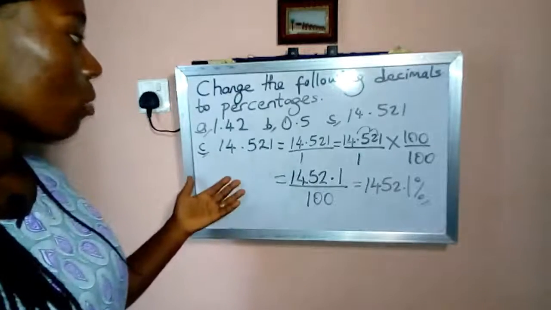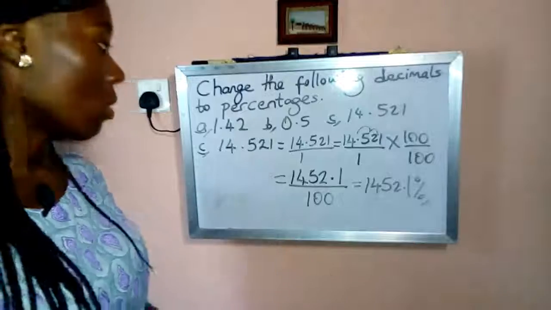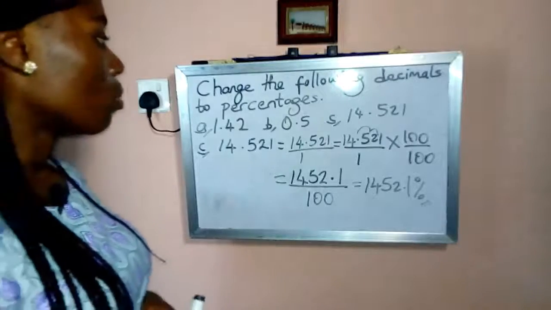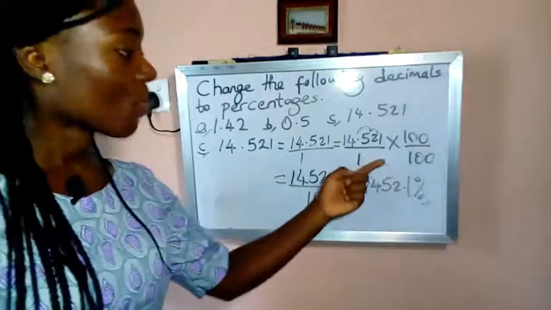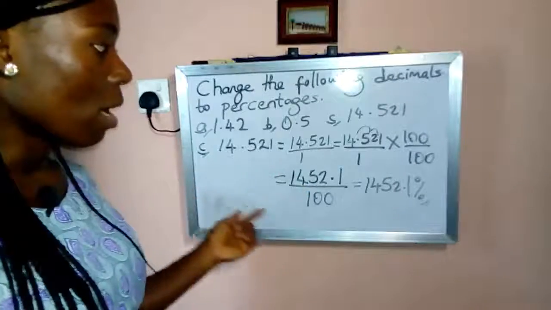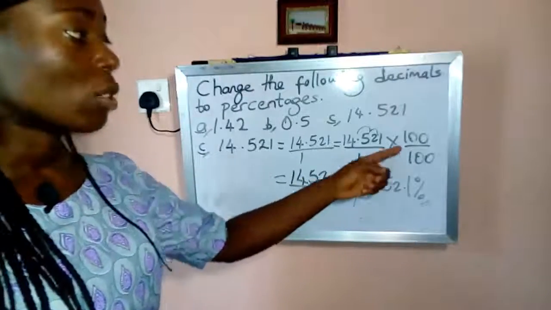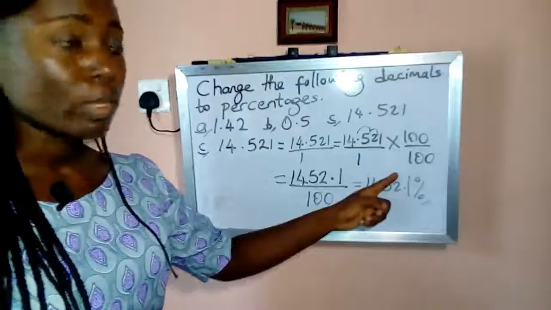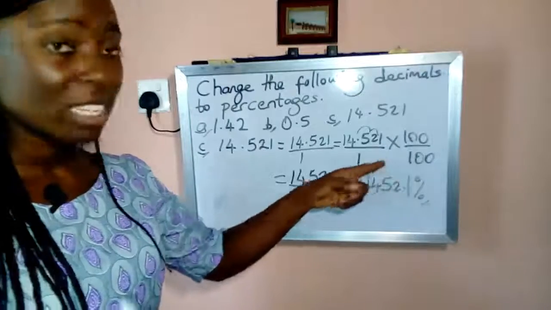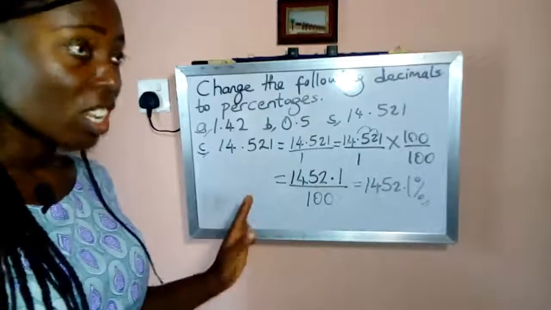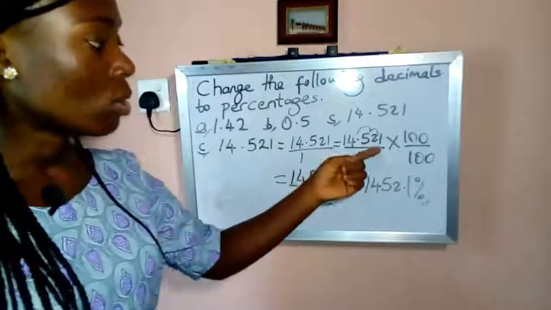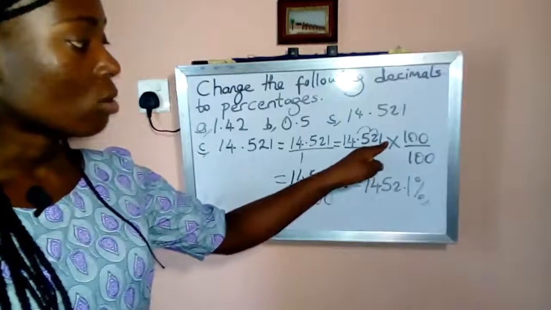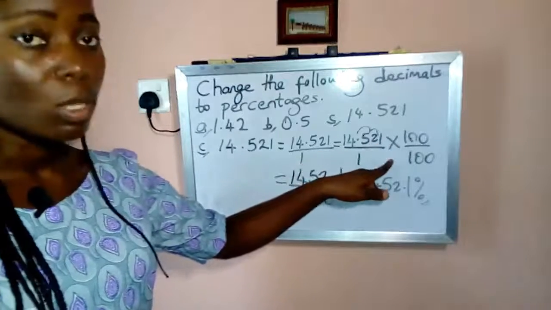When you are changing from decimals to percentages, we just use a simple formula. A simple method, a simple procedure. You simply multiply both the numerator and denominator of that number by 100. Introducing this hasn't changed the question, because 100 divided by 100 is 1. And we did not just multiply the numerator, we also multiplied the denominator.